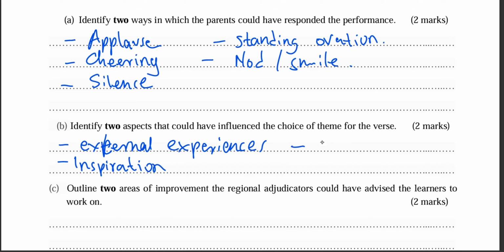Then to our next question, outline two areas of improvement the regional adjudicators could have advised the learners to work on.